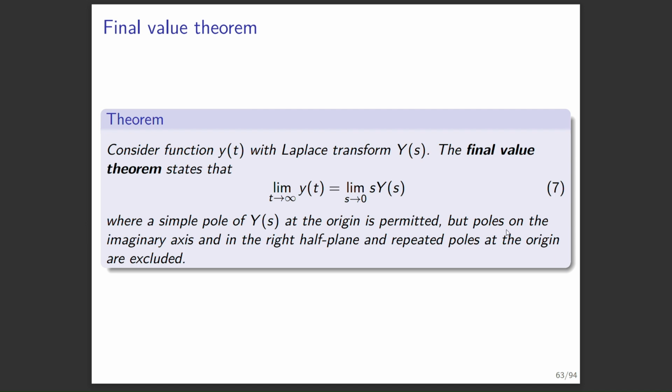But poles on the imaginary axis and in the right half plane and repeated poles at the origin are excluded. So if Y(s) has poles that are on the right-hand side, so they have positive value, or they are on the imaginary axis, the j omega axis, or if it has two poles at the origin, you can't use final value theorem.